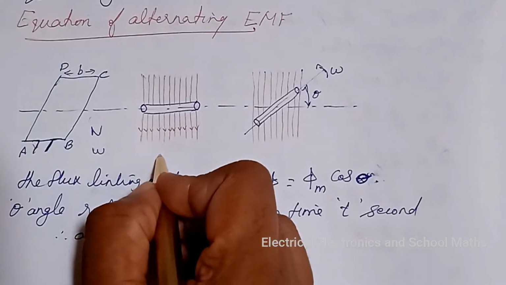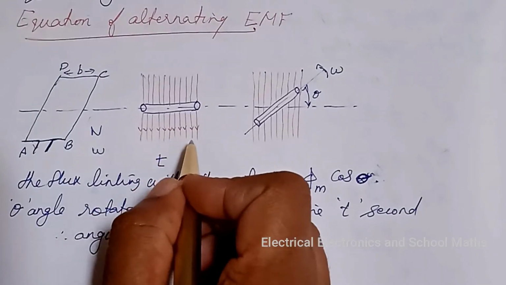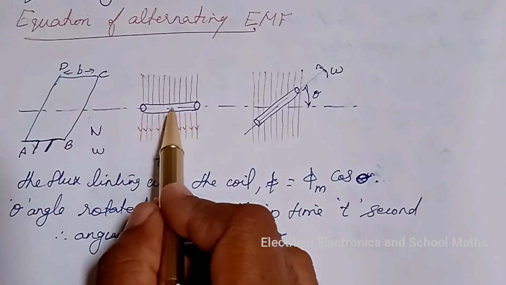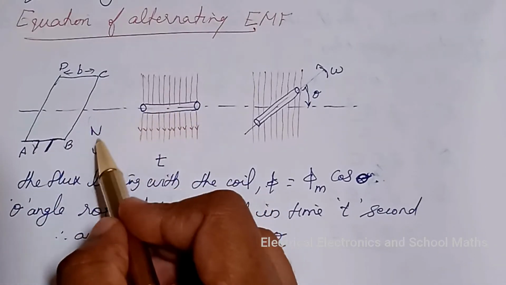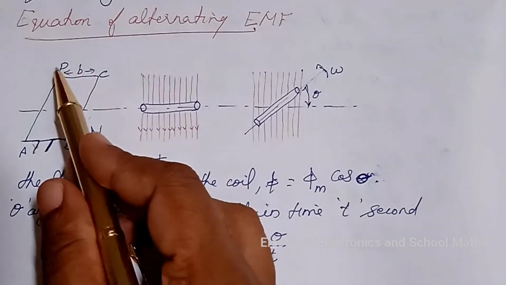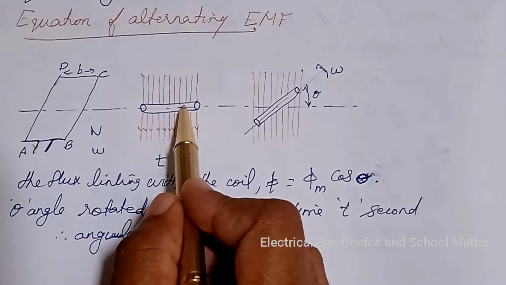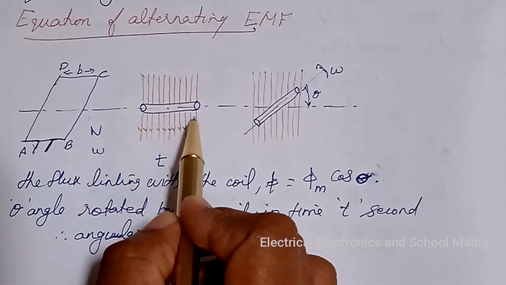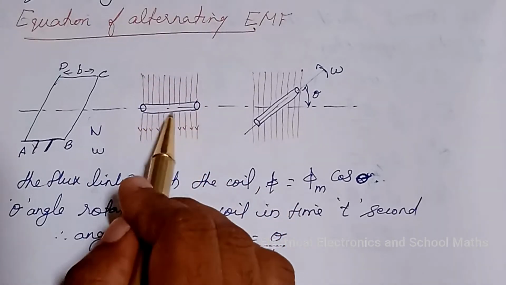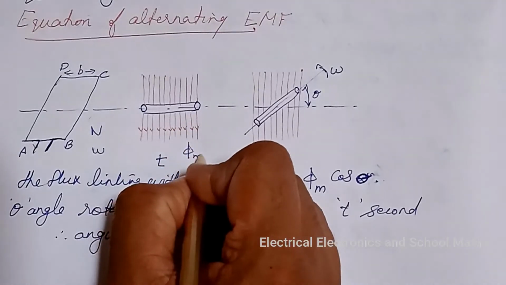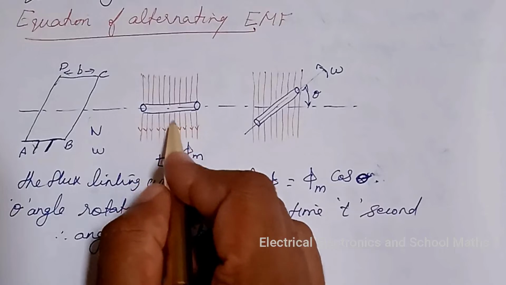Let time t be measured from the instant when the plane of the coil ABCD coincides with the x-axis as shown in this picture. In this position, maximum flux phi m is linking with the coil.